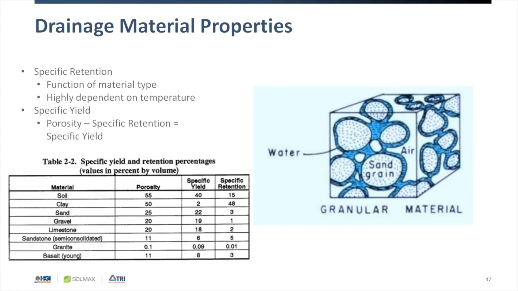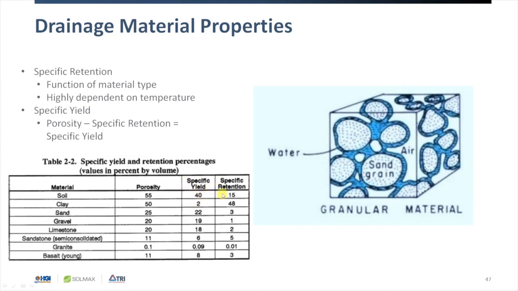So when sand gets saturated during construction, it slowly weeps until only 3% is stuck to that granular material. The portion of liquid that's still stuck to the material is the specific retention. The portion that comes off is what we're measuring through the leak detection layer when the construction water is slowly weeping out, and that property is called specific yield.